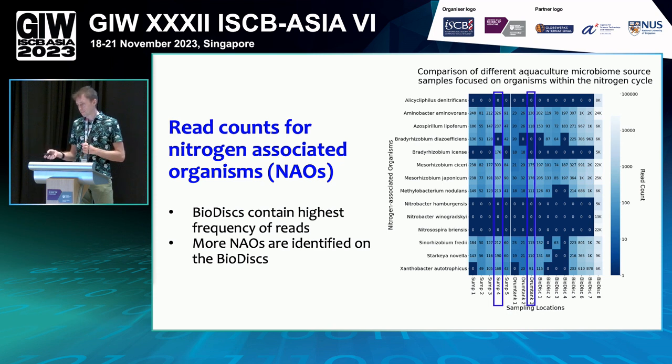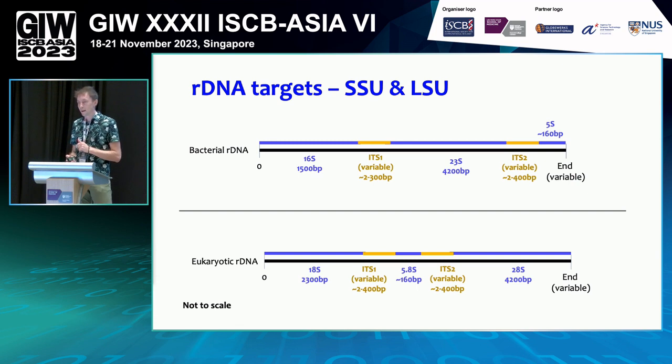Okay, and so now I'm going to drill down into 3 examples here, just to show you what these individual samples look like. But before we do that, I'm also going to tell you a bit about how we're going to look at them. And since this is not amplicon-seq DNA, this is just native DNA sequencing, we don't necessarily have amplified ribosomal RNA sequences, but they are still present within the sequence data, especially here where we can look to target the 16S and 23S, or the small subunit and the large subunit, which are shown here on the diagram.